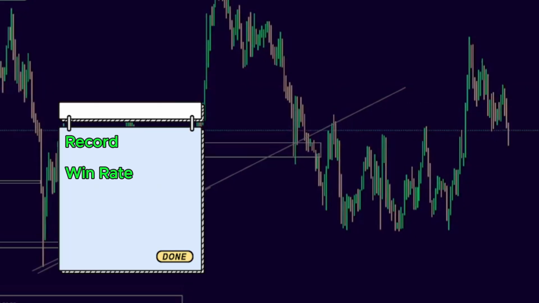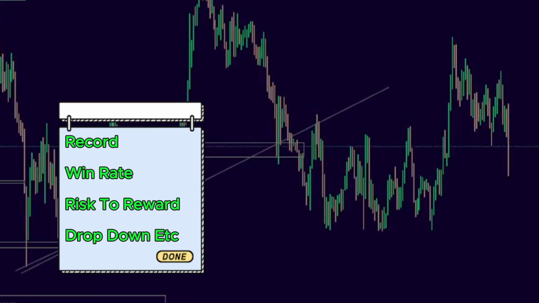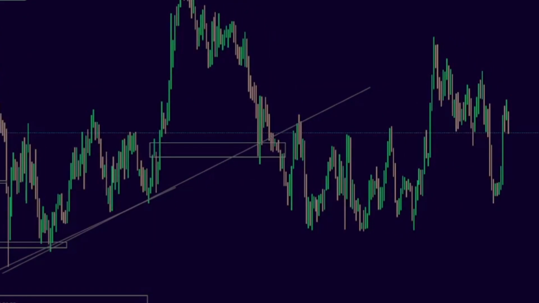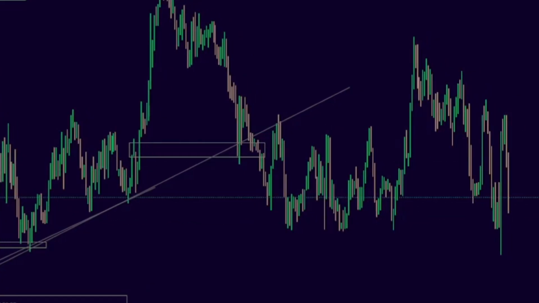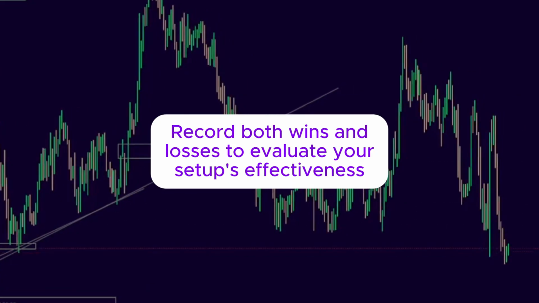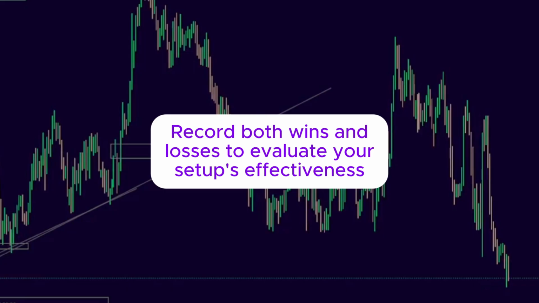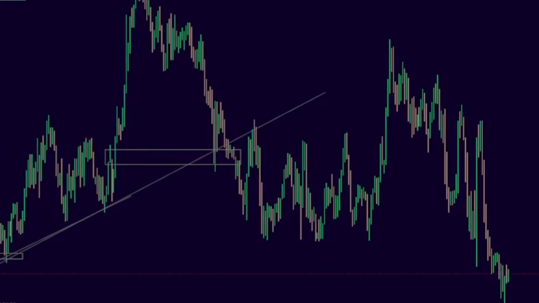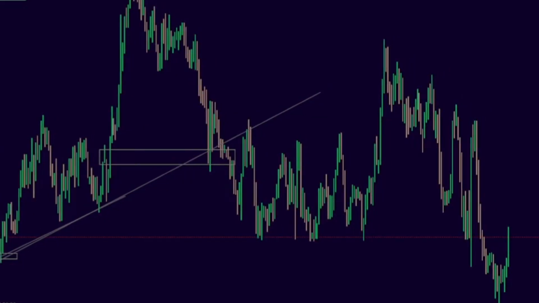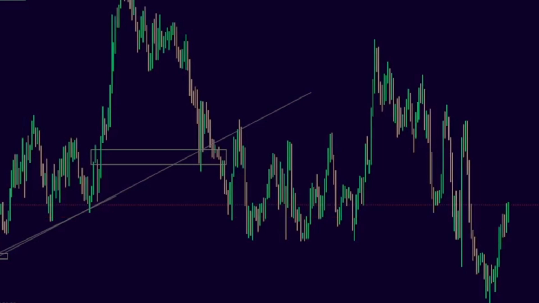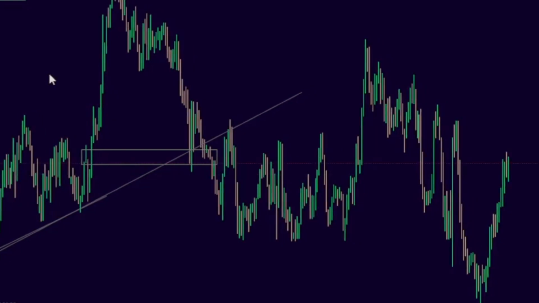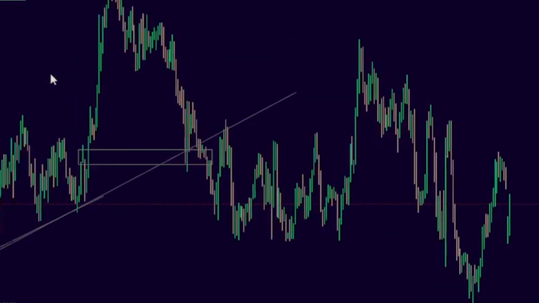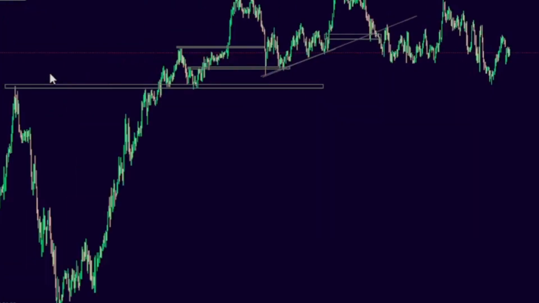So you have to record your win rates, your risk to reward, and also the drawdowns. All these are very important. But the focus right here is to record when it wins and when it gives you losses. Record both sides so that you know whether you're going to continue to take that setup or not. So this is one way of identifying a setup that is of high probability.